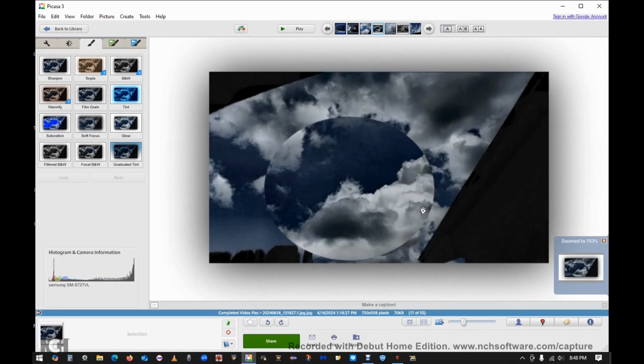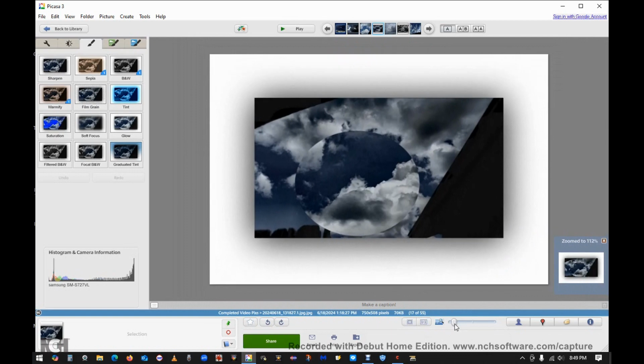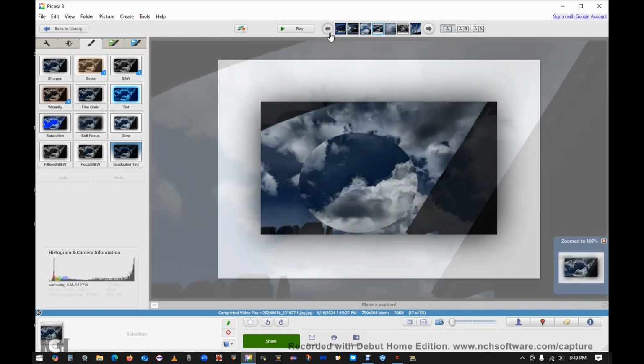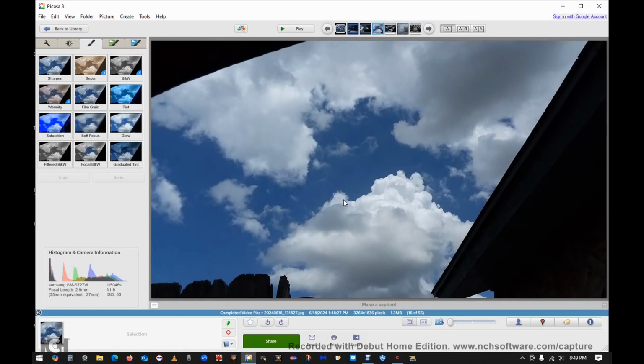Right there. Ain't no CGI here, or AI. These are authentic photos that I take. Man, that's something. I'm looking up at the clouds and see this.